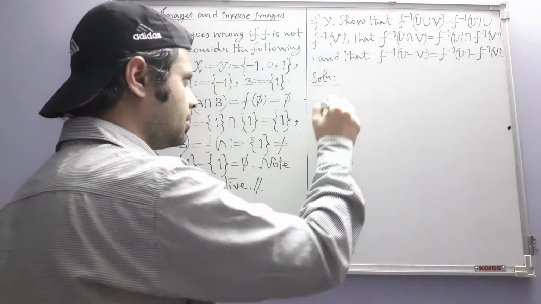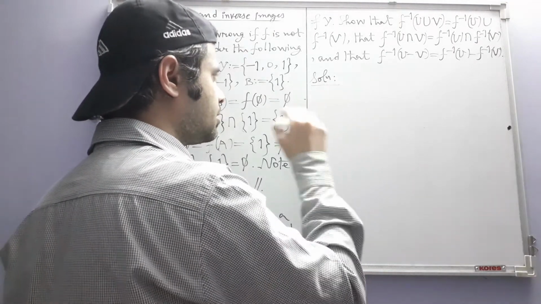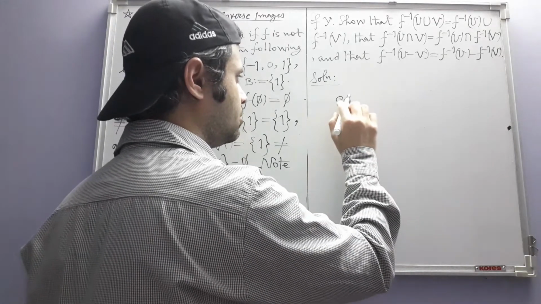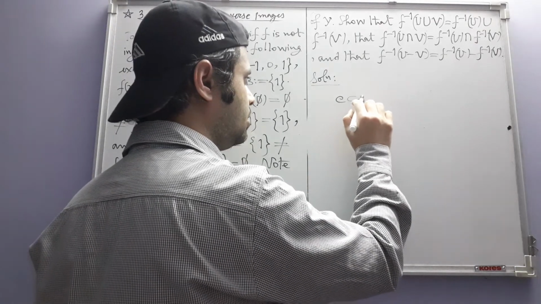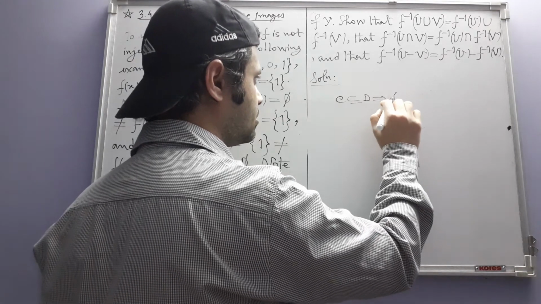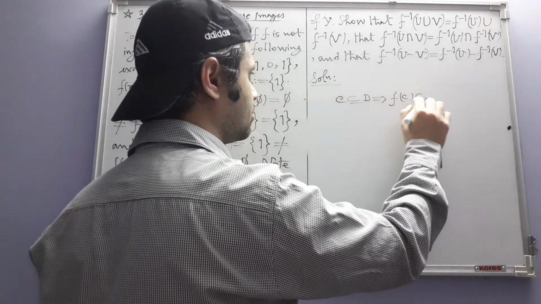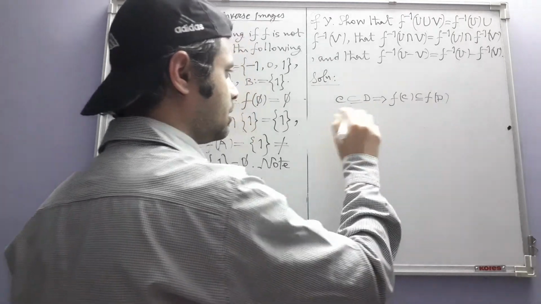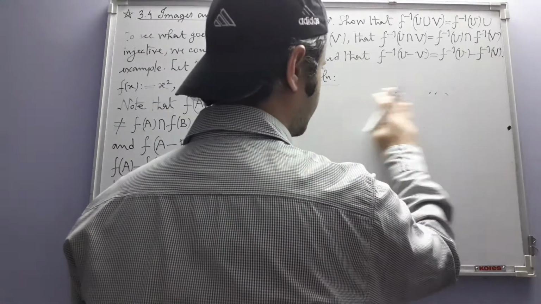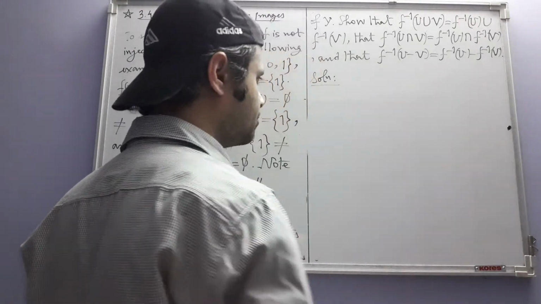If you remember, we started the solution like this. If C and D are two subsets of the domain and C is a subset of D, then that implies f(C) is a subset of f(D). A similar thing is true for inverse images, and that I am going to mention. You prove that for me.